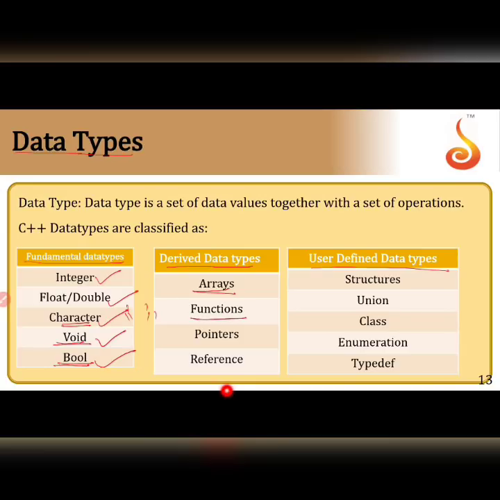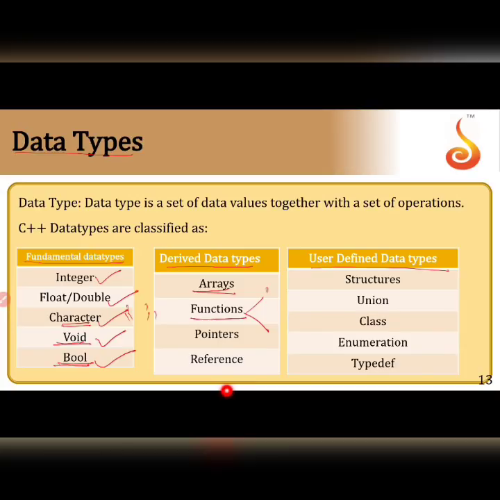Then we have functions. Functions are subroutines or subprograms which do a particular operation. It can calculate a value, it can take in values, it can print something on the screen. So it can be any type of operation. For that you write a function. Again, functions are of two types.